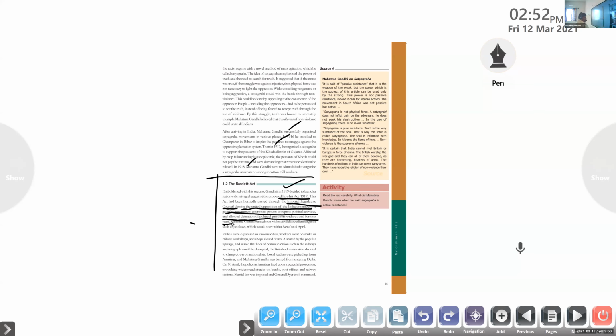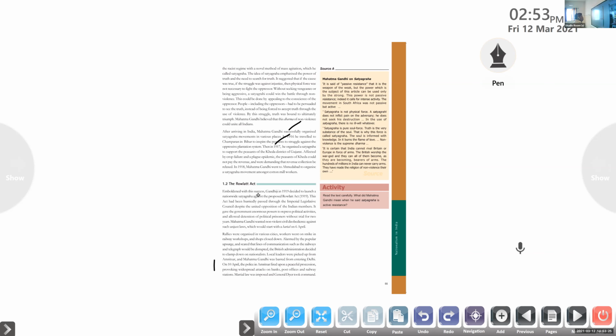Clear? That is the Rowlatt Act. It was passed by the Imperial Legislative Council. In that council, Indian members were also there, but they said this act is not good for anyone. The British did not accept the words of the Indian members and created this law.